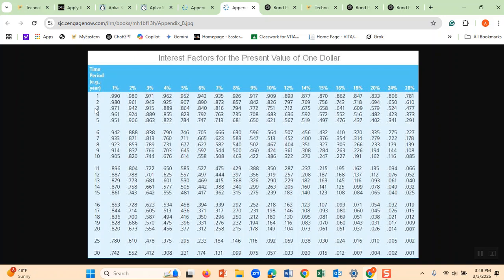And in 3 years, do you see here is written 0.816? That means that the present value of $1 in today's money is 81 cents.